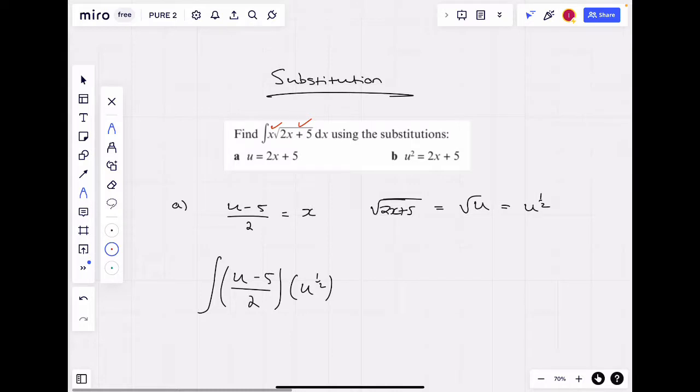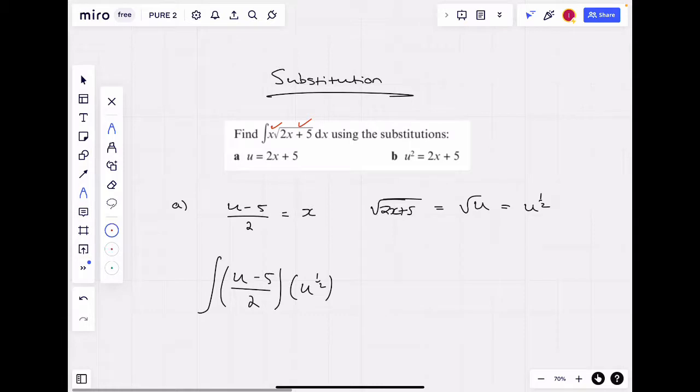The last thing is the dx part. Dx means you are integrating with respect to x. But now our integral is all in terms of u. So we are expected to have du at the end. But it's not as easy as just sticking du in.